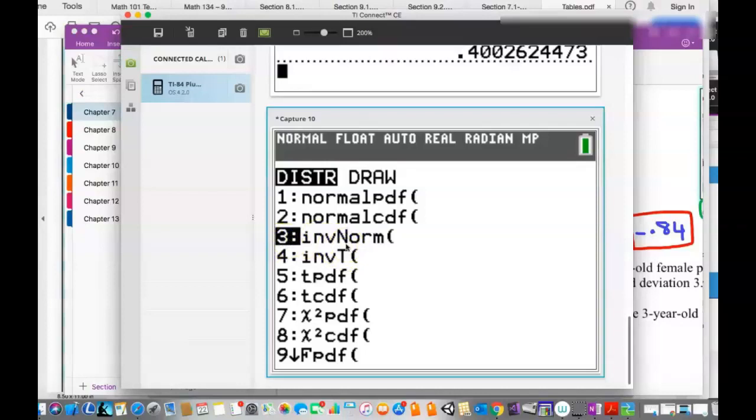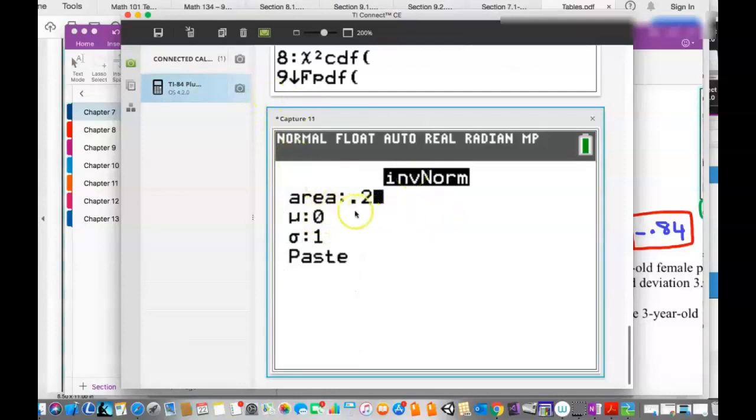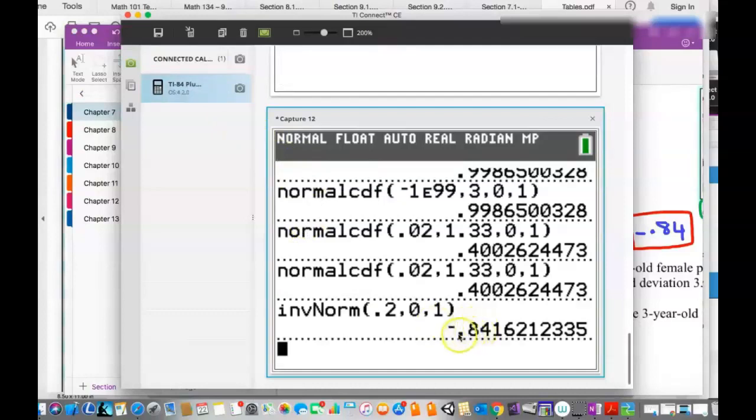Then press enter, enter your data. For area we have 0.2, mean as 0, and standard deviation is 1. Then press enter, enter, enter, again enter. Okay, I have negative 0.84.